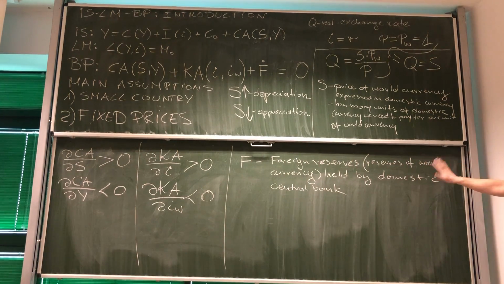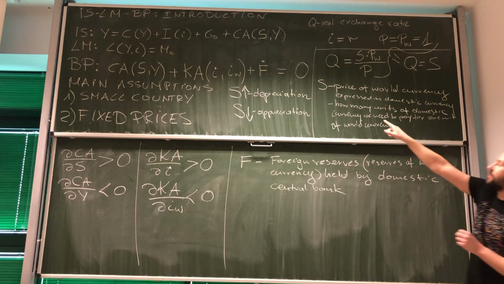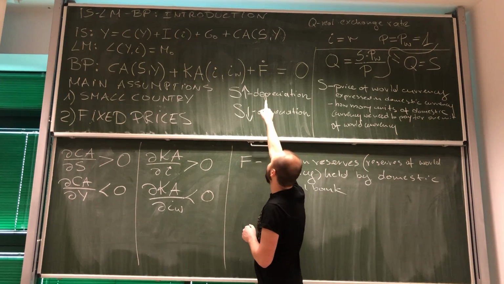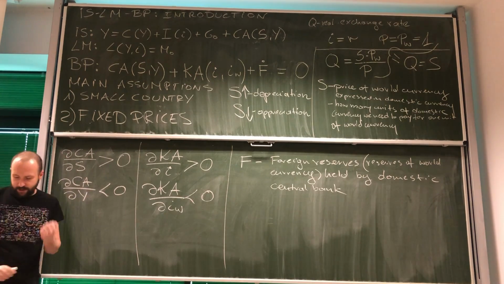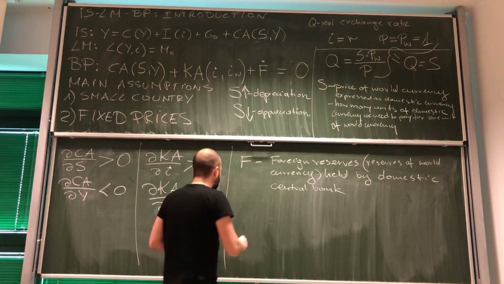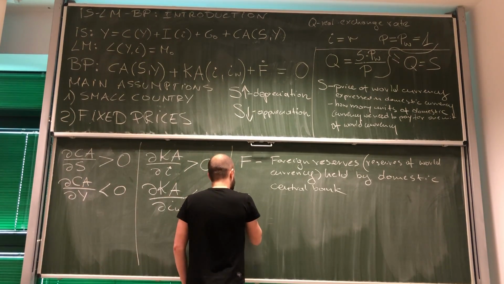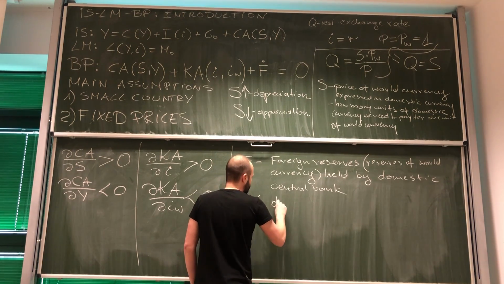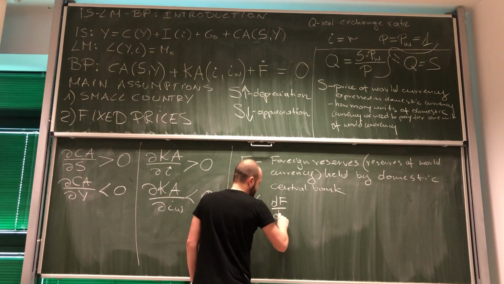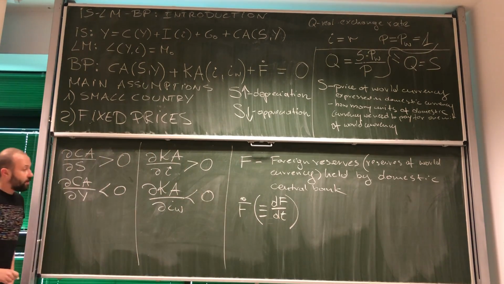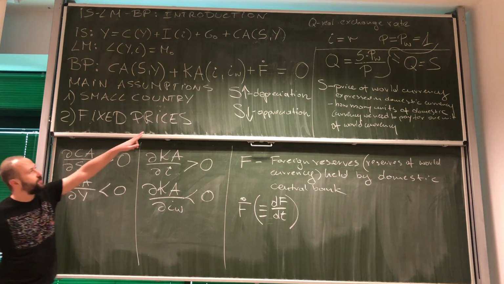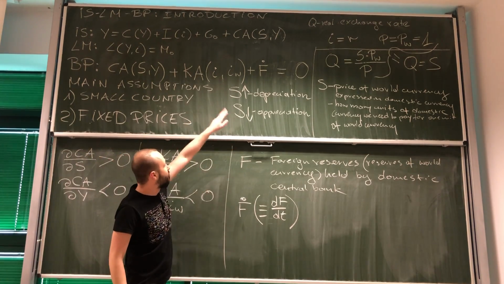Okay, so we know what foreign reserves are, right? We know they are over here, but they have one additional element, a dot. But we already know what a dot is. Dot represents the time derivative. So why do we have a dot over F?